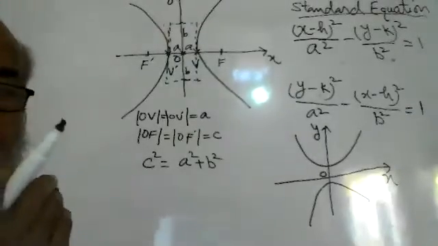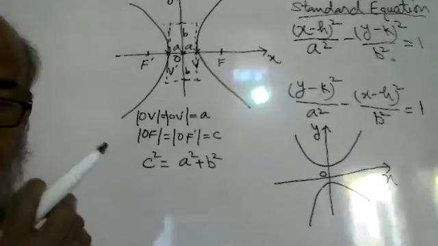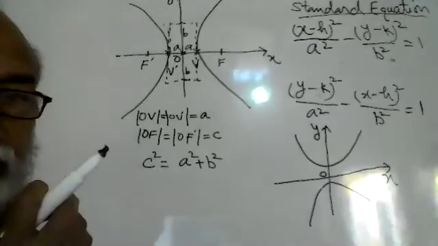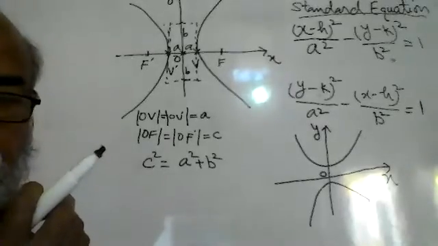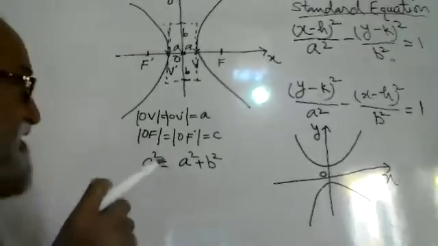Just like in the ellipse, there was a major axis and a minor axis, and B was called the minor axis. Here, B is called the conjugate axis.